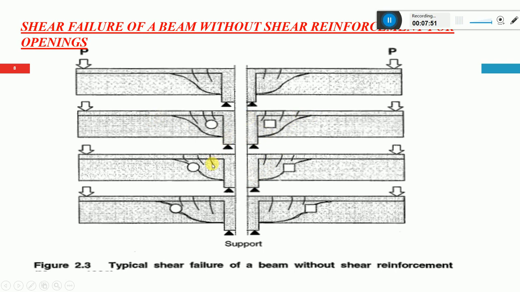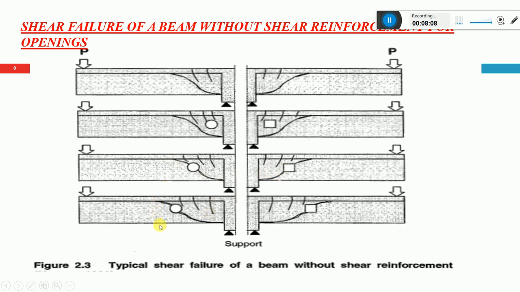In the third case, if you add the circular opening apart from this zone to here, and this opening to here, and the line passes through the curvature of the shear, it will be a disaster for the beam.